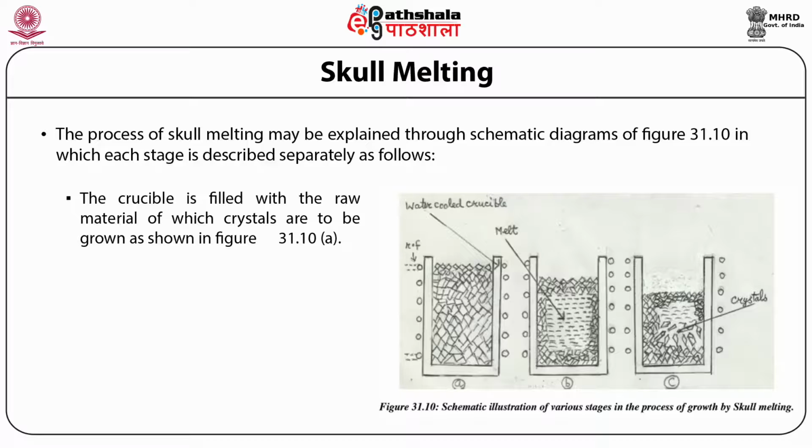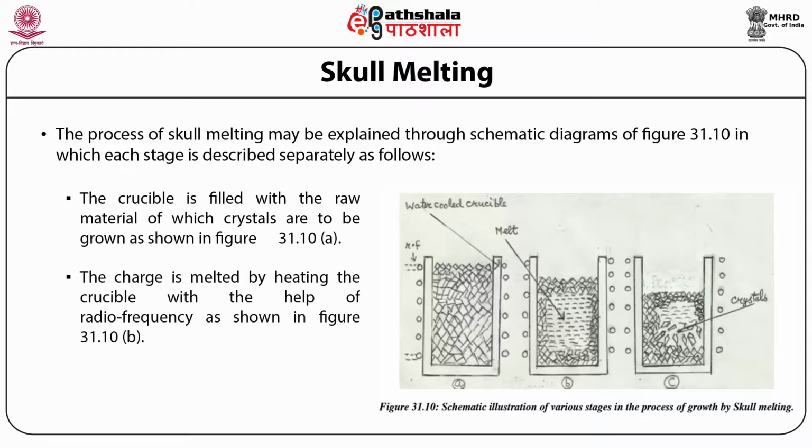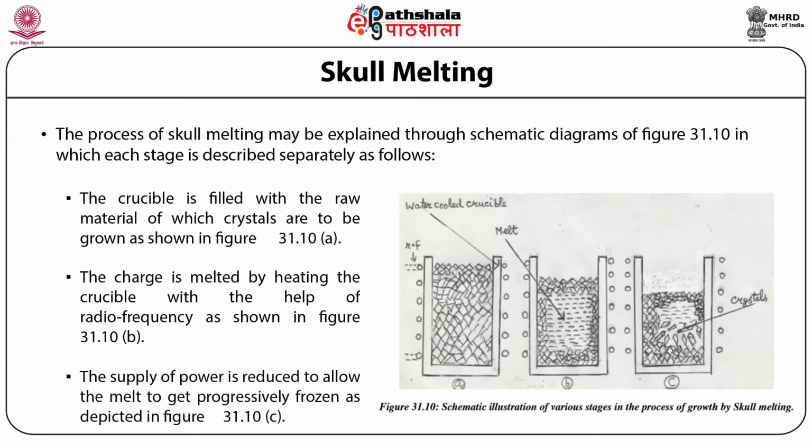In the second stage, the charge is melted by heating the crucible with the help of radio frequency, as shown in figure 31.10b. In the third stage, the supply of power is reduced to allow the melt to get progressively frozen, as depicted in figure 31.10c.